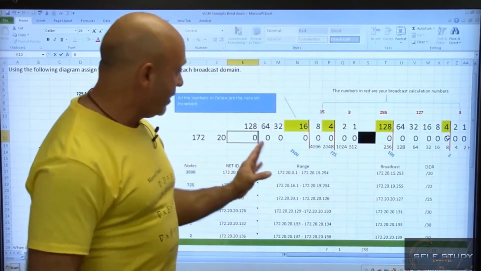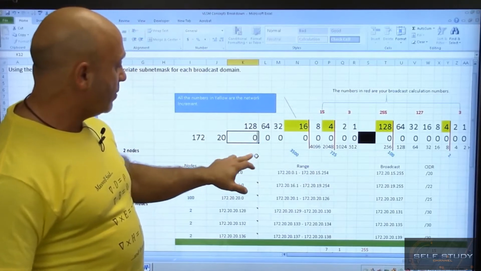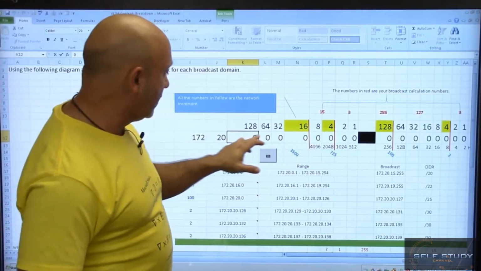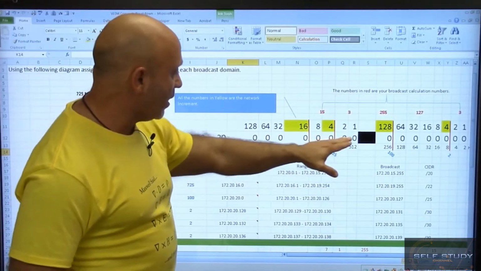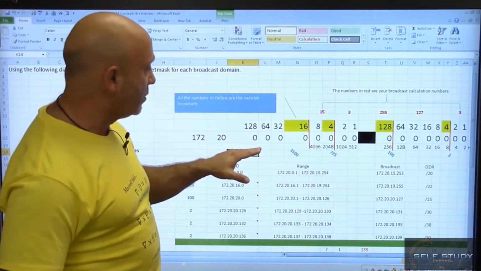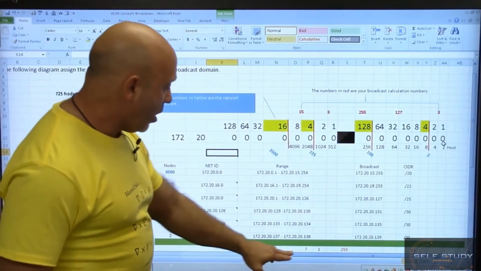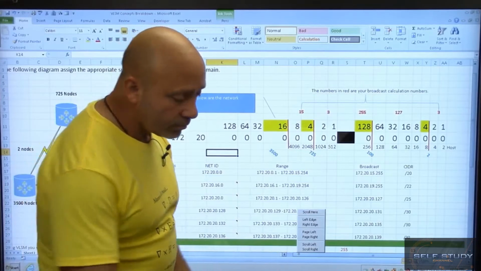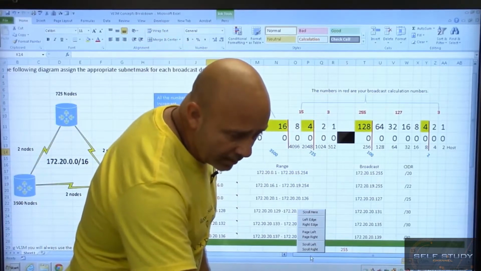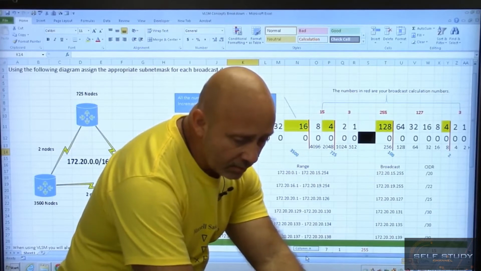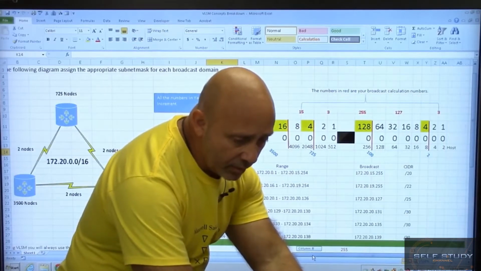Obviously, this is one octet right here, correct? One entire octet, all 8 zeros. And this is another octet, the fourth octet, all 8 zeros. Go ahead and move that back to where it was.